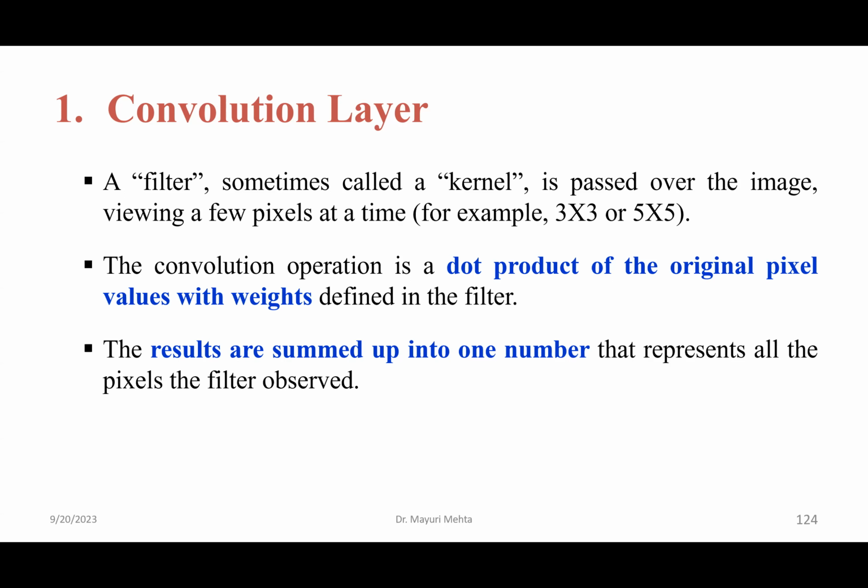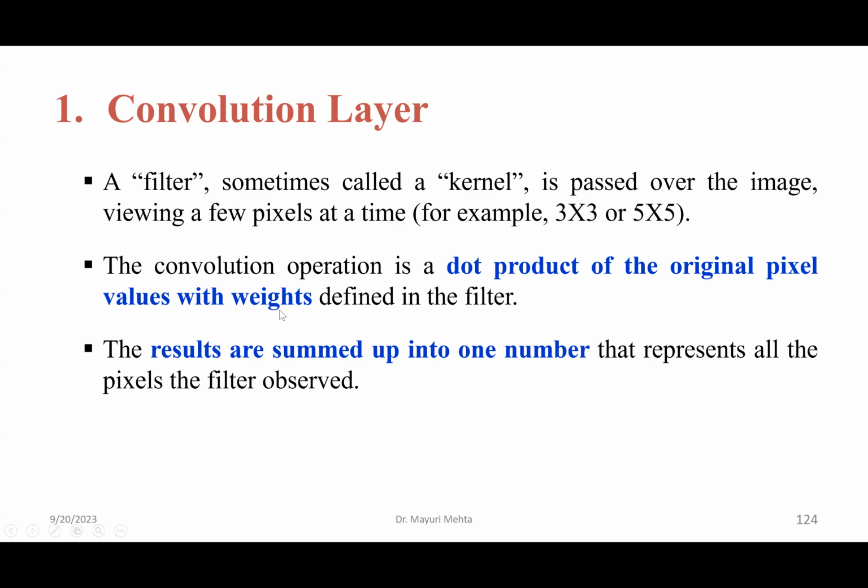Usually we use a kernel of this size, please listen carefully, irrespective of the size of the image, we usually choose a kernel or weight matrix of size 3 cross 3 or 5 cross 5. Then what is the convolution operation? The convolution operation, which is performed by the convolutional layer, is a dot product of the original pixel values with weights.